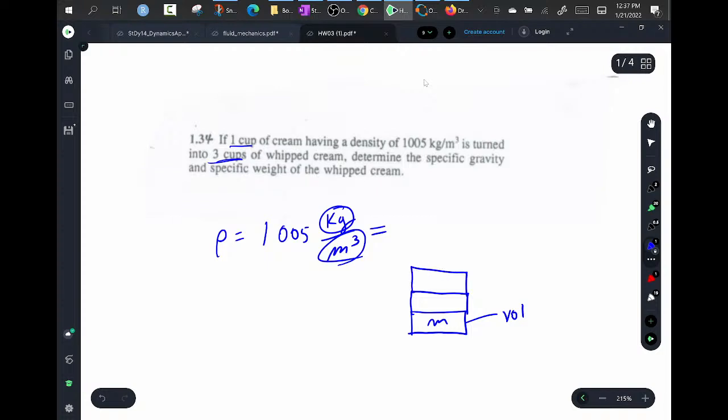So I would argue that here we'll do this, 1,005 over 1 cup. And now you've turned it into 3. So you took the mass, so you dropped the density, I mean, you dropped the density so that it became much lighter.